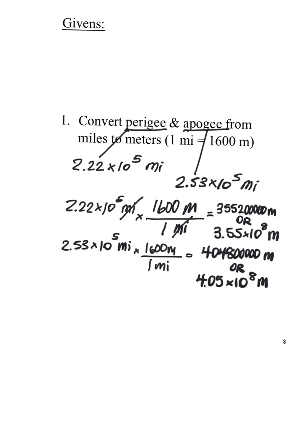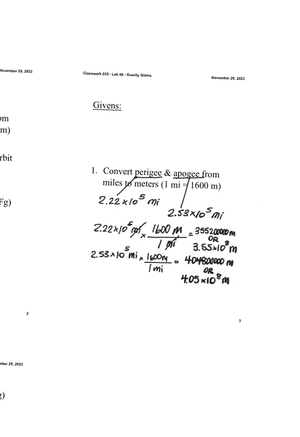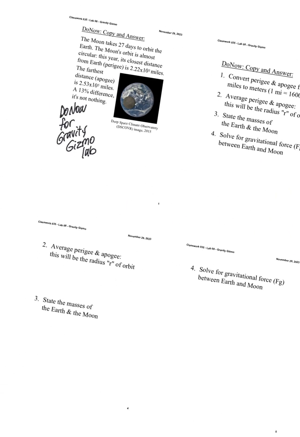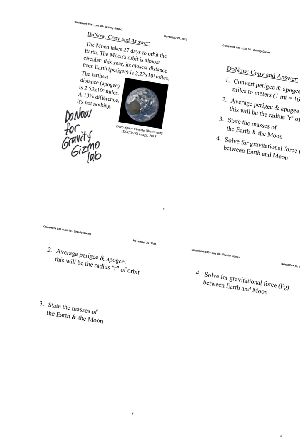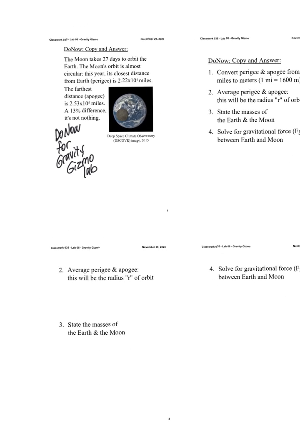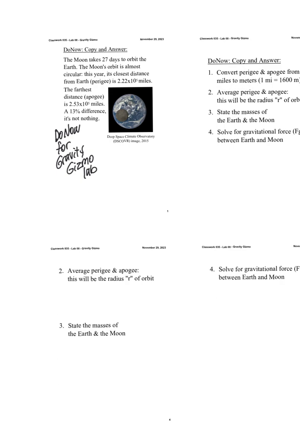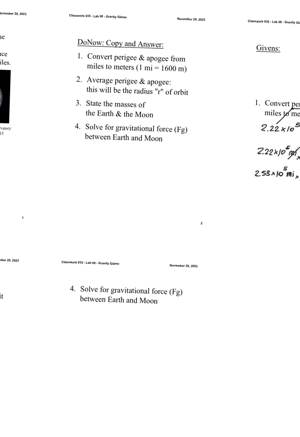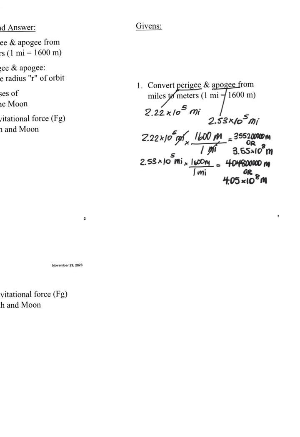Okay, so we have the perigee and apogee in meters, and then I believe number 2 says average the perigee and apogee. So average those two, and it'll be the radius of the orbit.